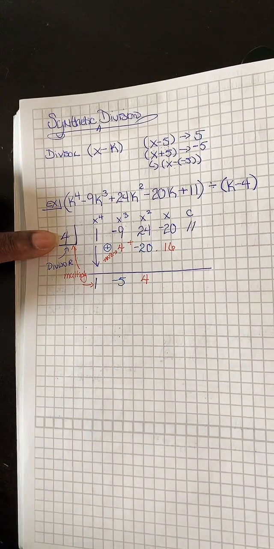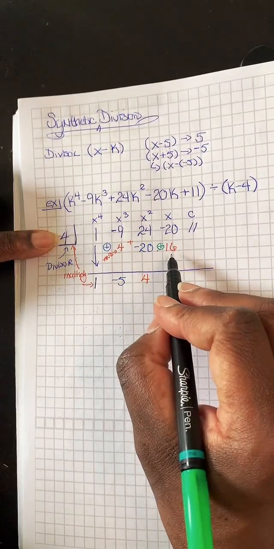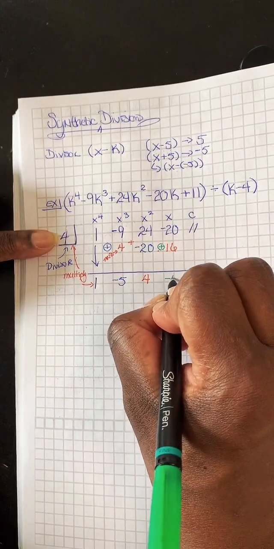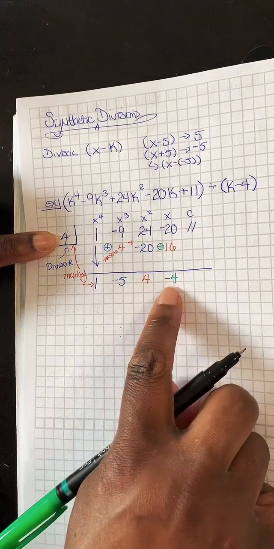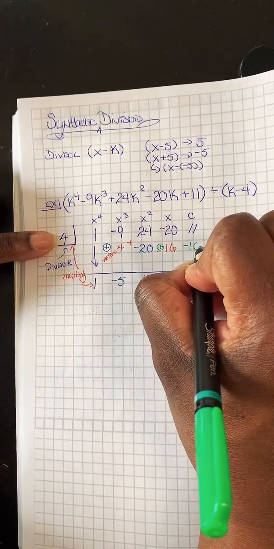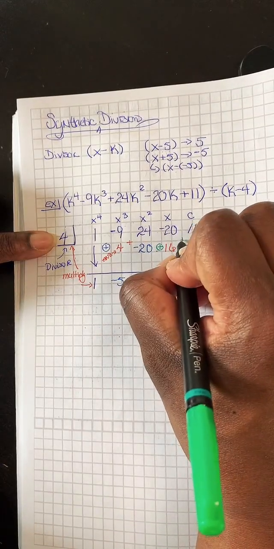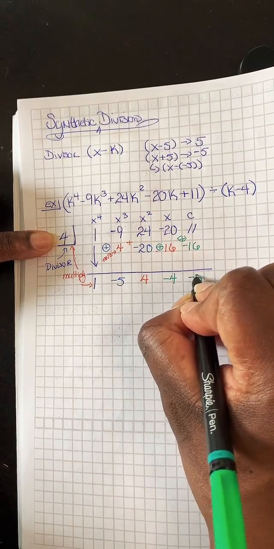So when we add again, negative 20 plus 16 gives me negative 4. And 4 times negative 4 gives me negative 16. And when I add these two together, I got a remainder of negative 5.